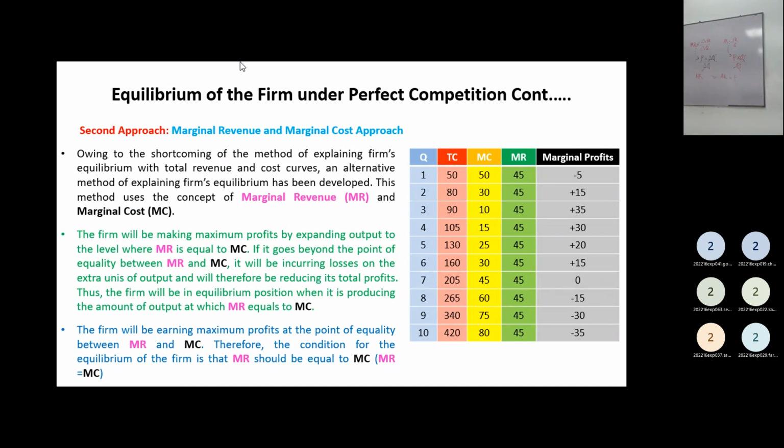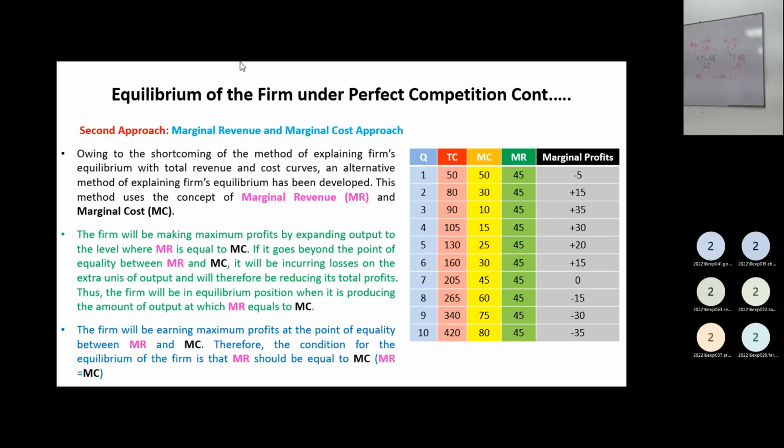Which output level are you going to keep on producing? 7. Is there any reason for that?